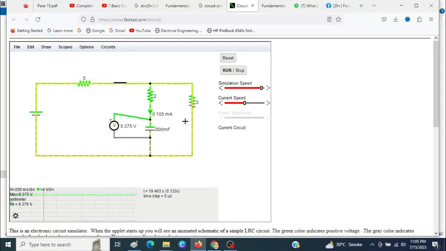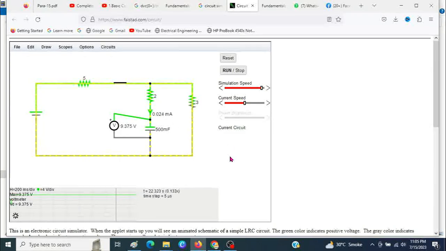And at 9.375 it is almost 0. You can see now this is almost a straight line. So the capacitor is fully charged at 9.375 and there is no more charging current.